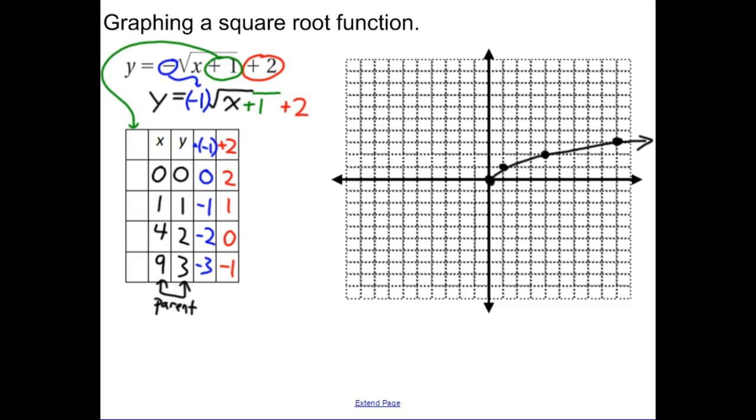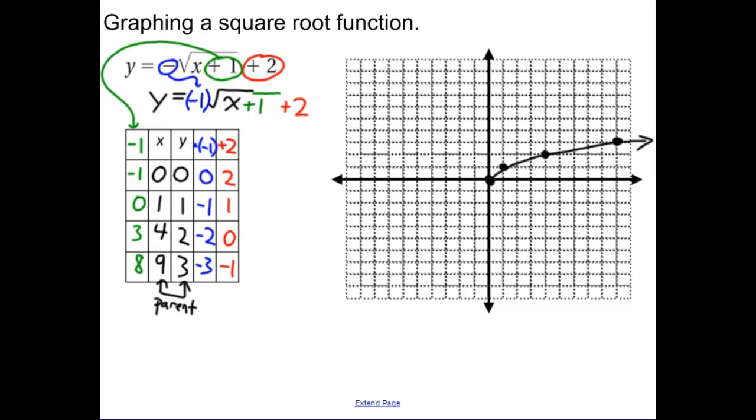But here, the modification is slightly different than on the right-hand side for the y's. For the x's, we want to do the opposite. So whereas in my function I added 1, I am now going to subtract 1 from my x values. So if I subtract 1 from 0, I get -1. Subtract 1 from 1, I get 0. Subtract 1 from 4, I get 3. Subtract 1 from 9, and I get 8.